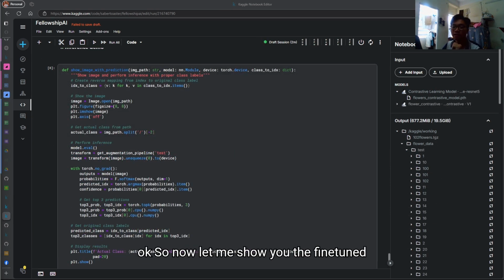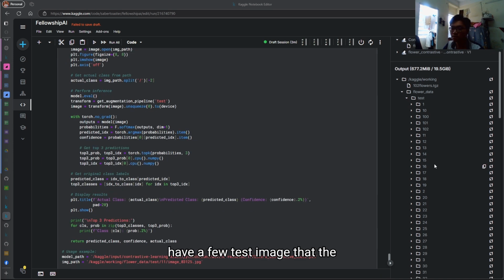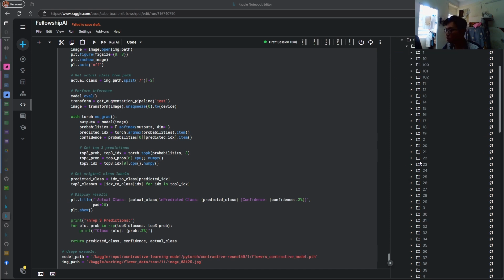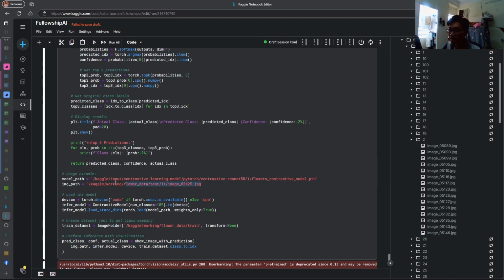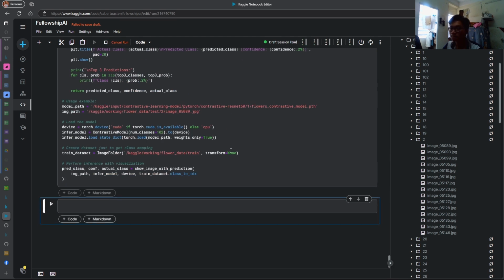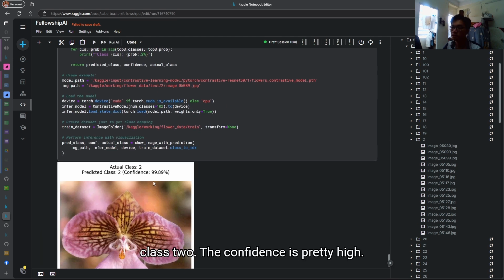Okay, so now let me show you the fine-tuned model in action. Here we have a few test images that the model hadn't seen during training. Let me choose class 2. Okay, the confidence is pretty high.